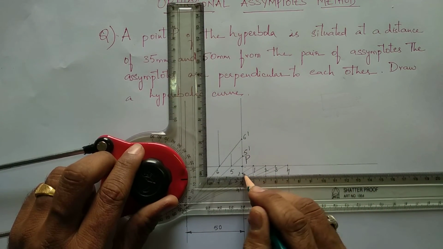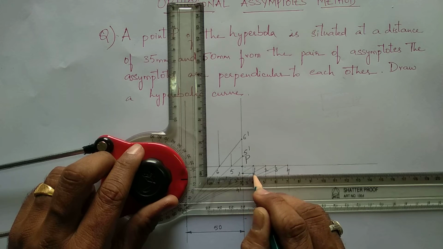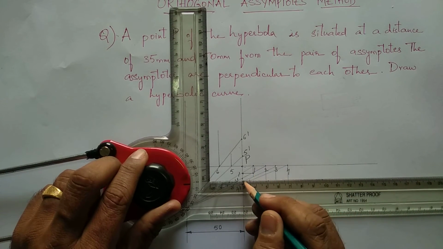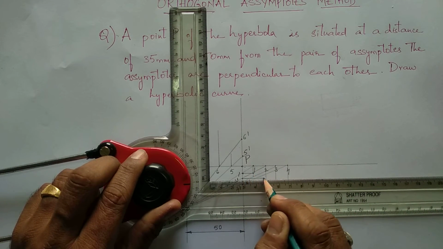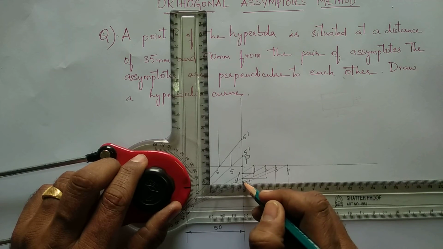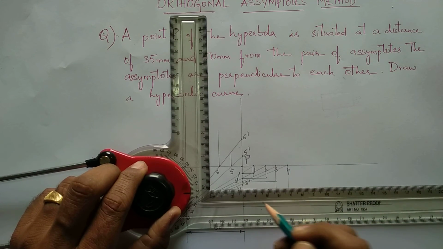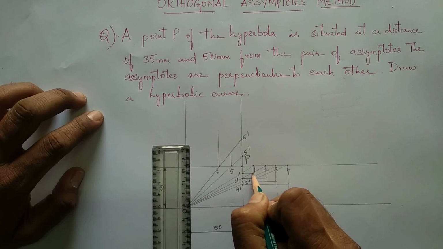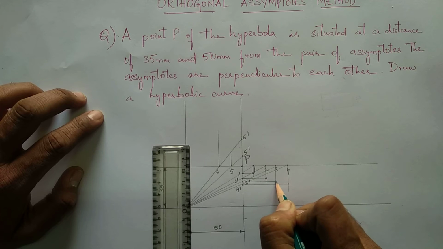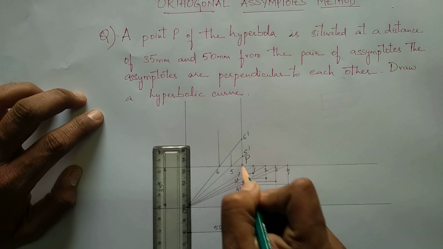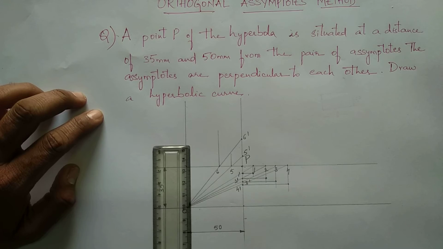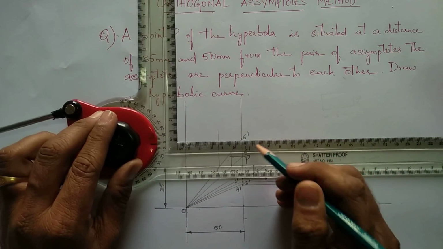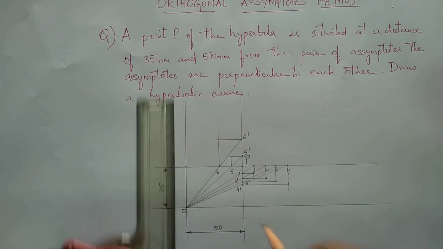Draw horizontal lines from 1 dash, 2 dash, 3 dash and 4 dash, intersecting the vertical lines. Where these lines intersect, mark those points for reference. Similarly, from 5 dash and 6 dash, mark these points.